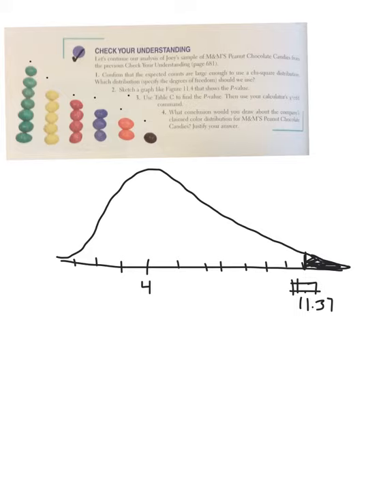And the degrees of freedom is 1 less than the number of categories we have. We have 6 different colors, so we're going to make it a 5 for the degrees of freedom. Let's check it out. What is it? 0.04451.